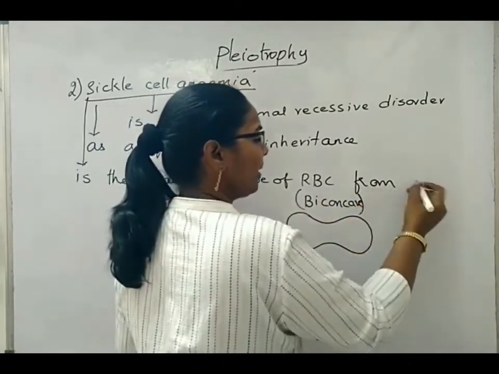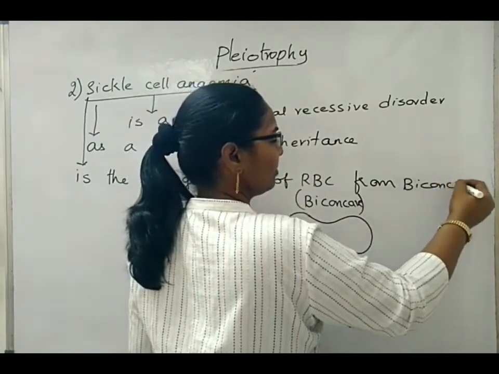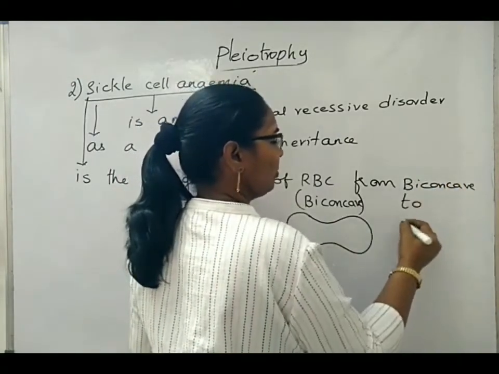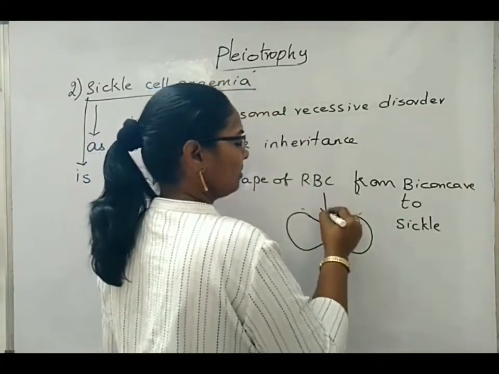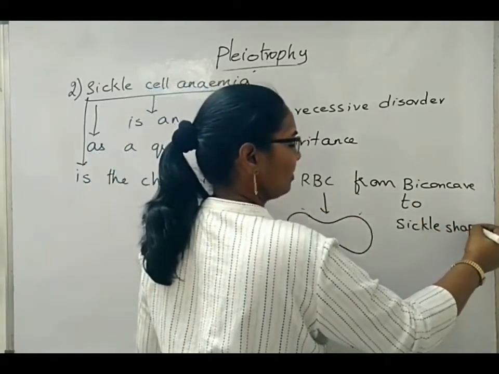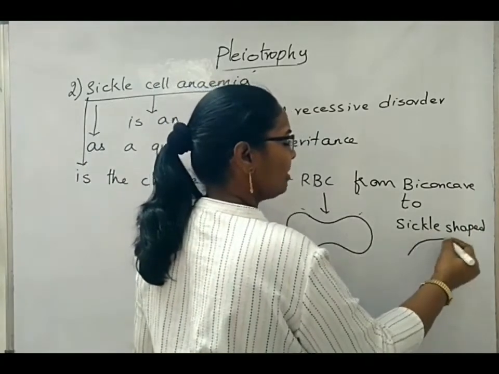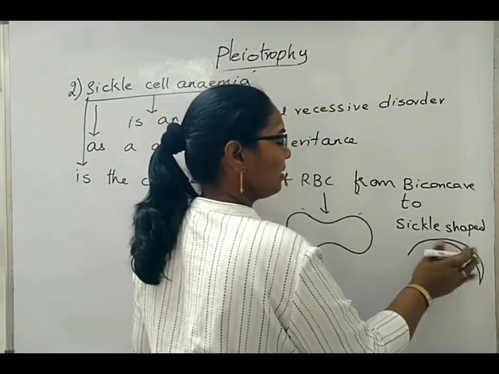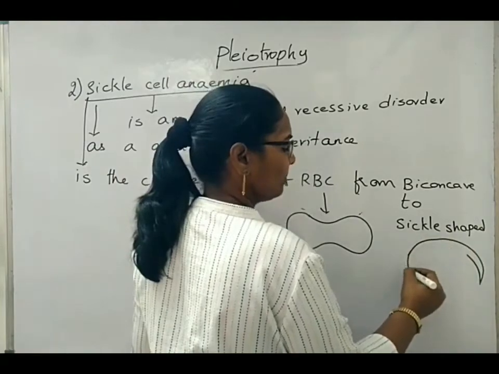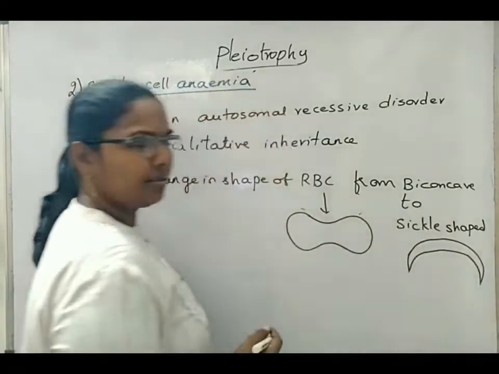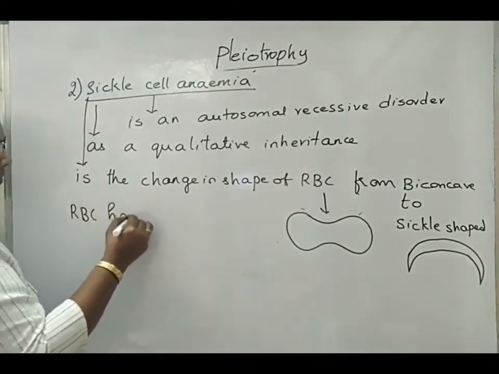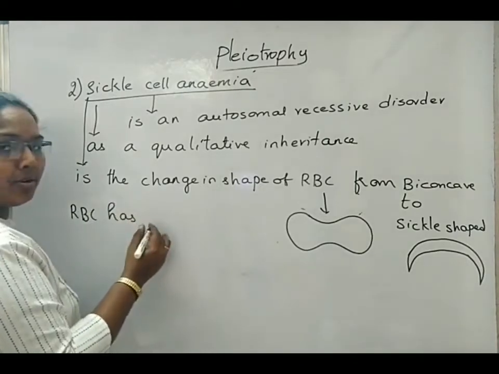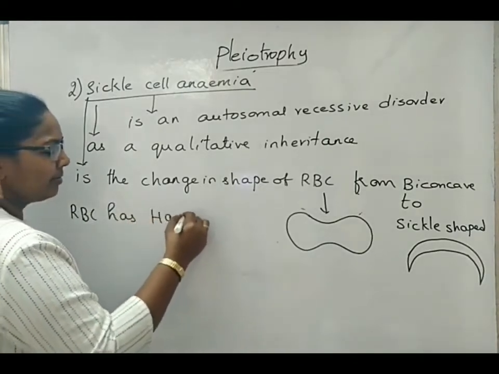From biconcave to sickle shaped. That sickle shape means it will be like this. RBC has a red color pigment that carries oxygen, that is hemoglobin.